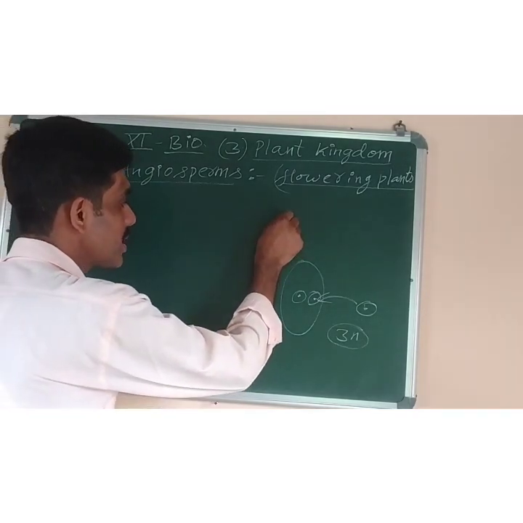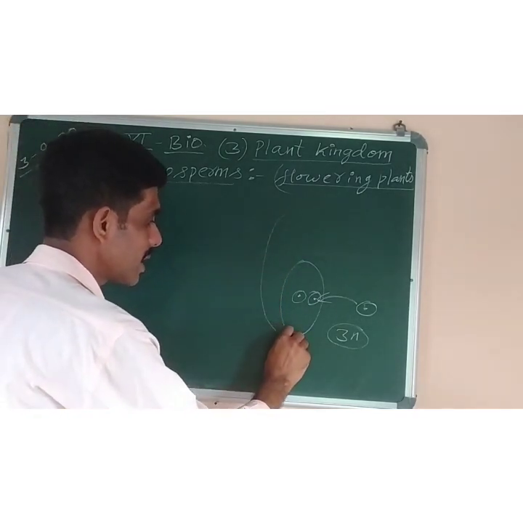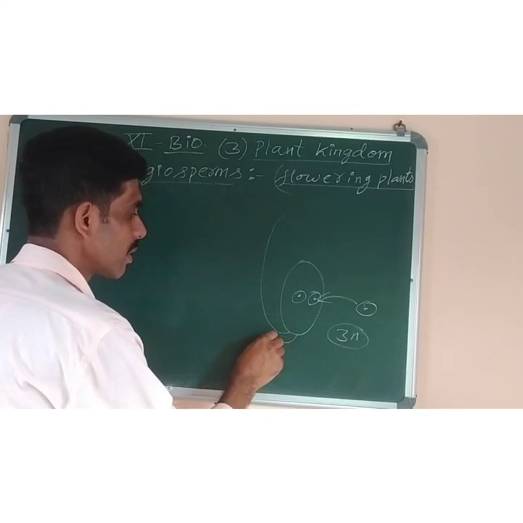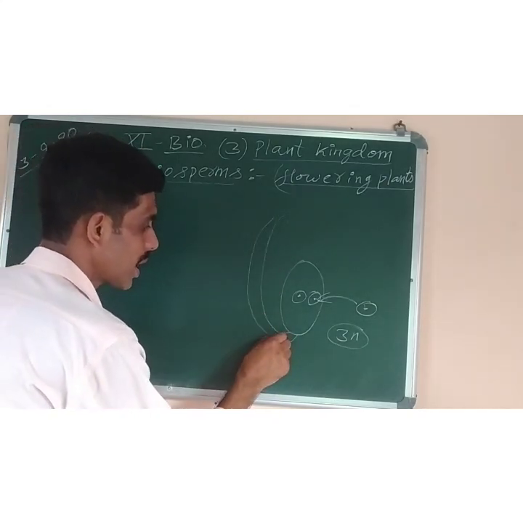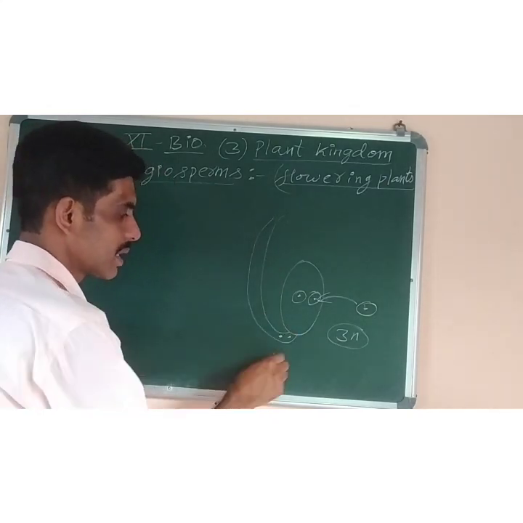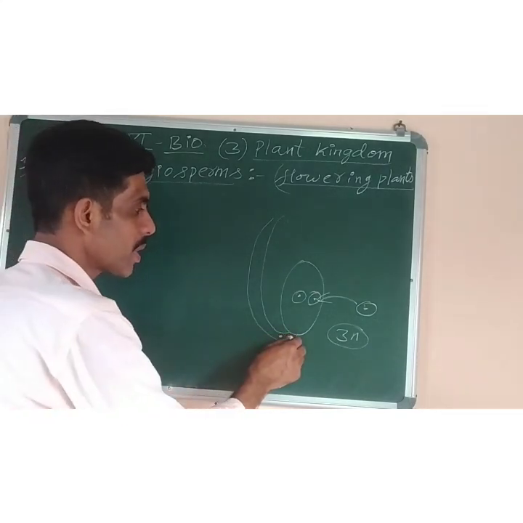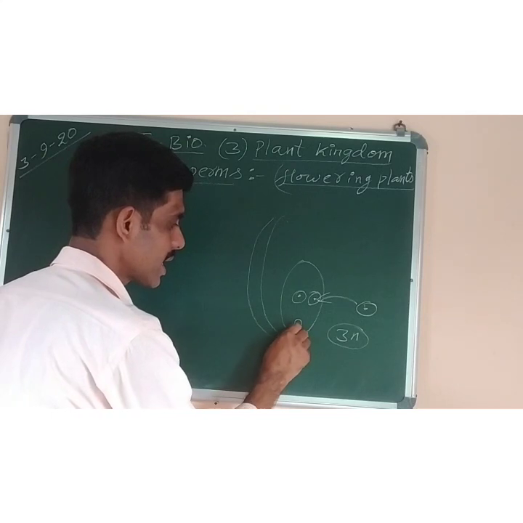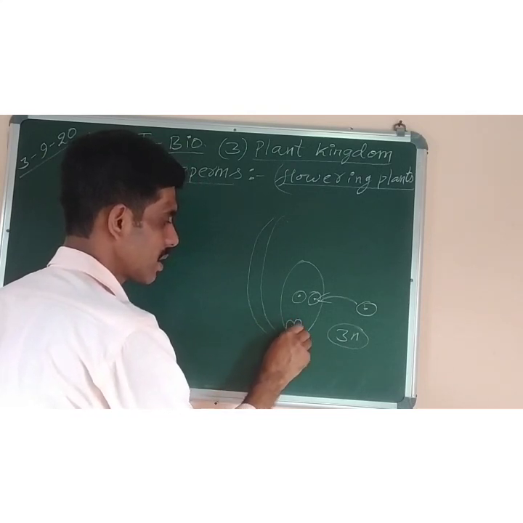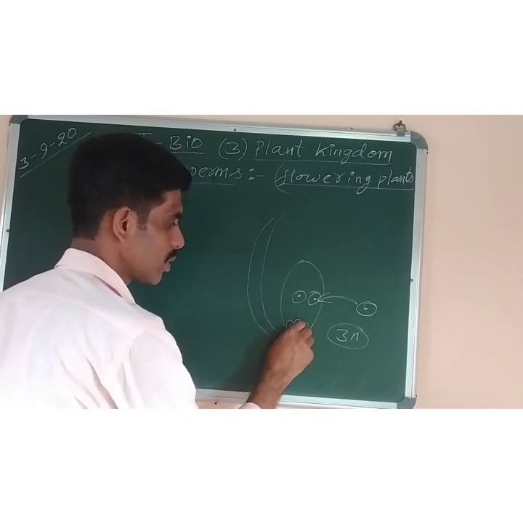This pollen tube enters the ovule and contains 2 male gametes. One of the male gametes will fuse with the egg cell which is present there, and these 2 are the synergids, we can say.